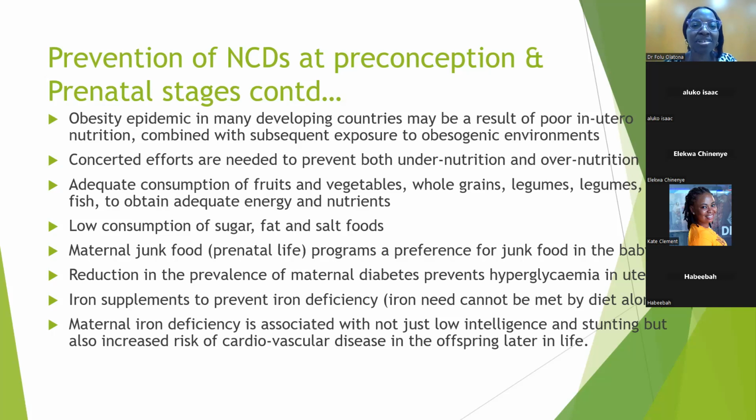So concerted efforts are needed to prevent both undernutrition and overnutrition at these preconception and prenatal stages. So this healthy diet we've been talking about, what exactly does it mean?